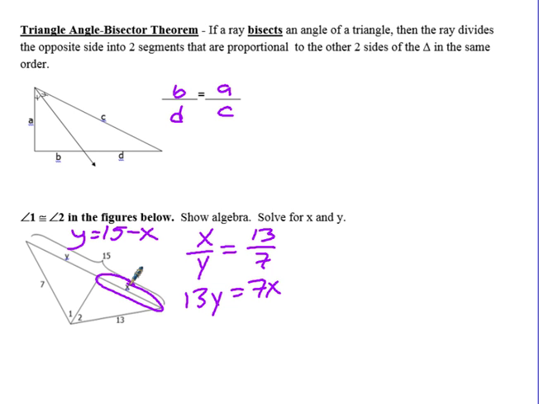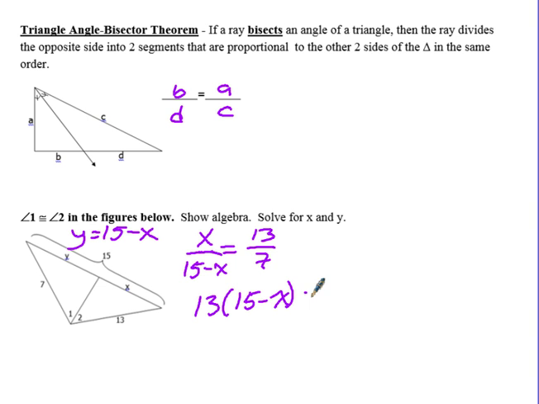So 15 minus x gives me y. Now I'm going to switch out my proportion and instead call this 15 minus x. When I cross multiply, that gives me 13 times 15 minus x is equal to 7x.